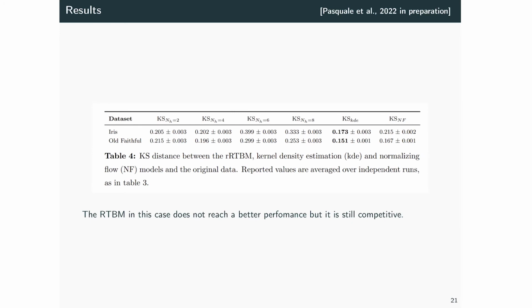So I think that the problem is that we need to find a better way to learn and fine-tune this model, because actually all the ingredients are there in order to find a very good model for density estimation.